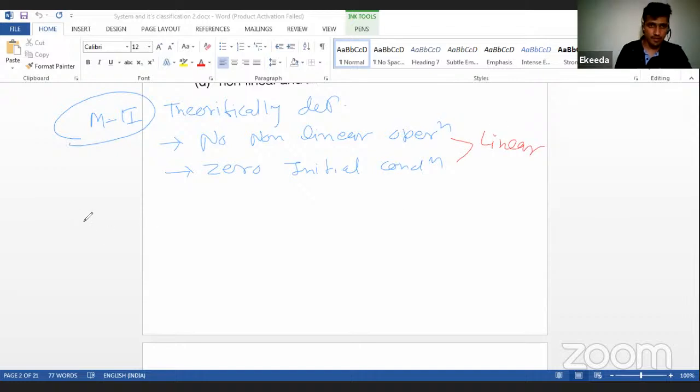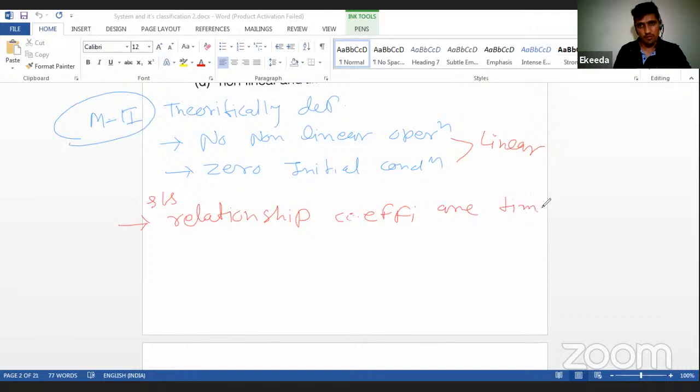Similarly for time invariance: the coefficients of the system relationship are time independent.